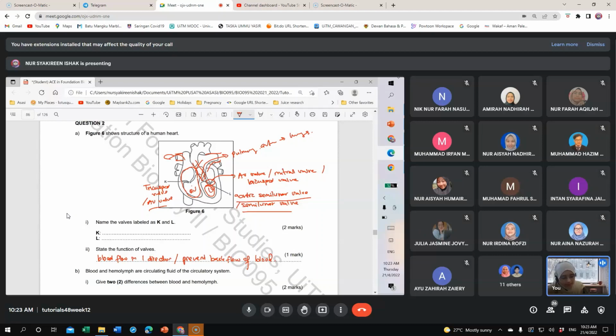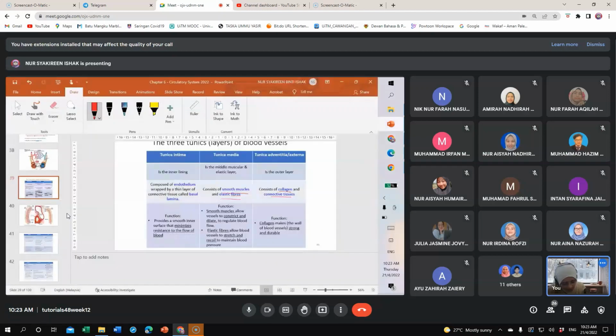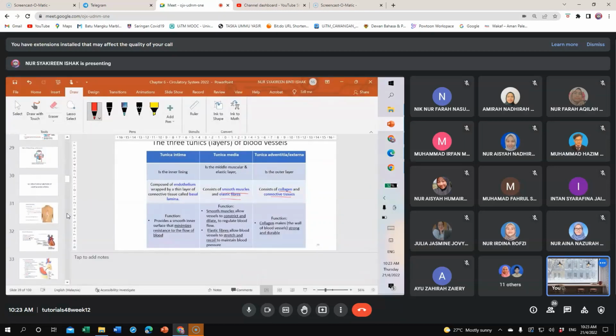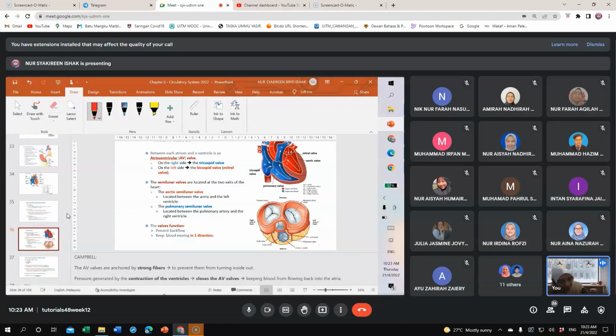So antara right ventricle dengan pulmonary artery, you also have semilunar valve. Okay, itu ataupun nama lain dia adalah pulmonary semilunar valve. Okay, kita tengok punya nota. Pulmonary semilunar valve.